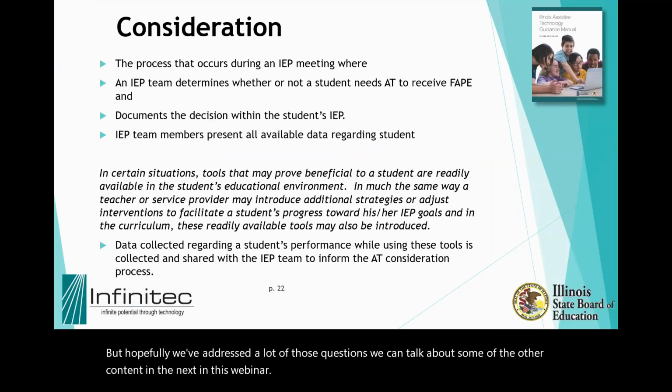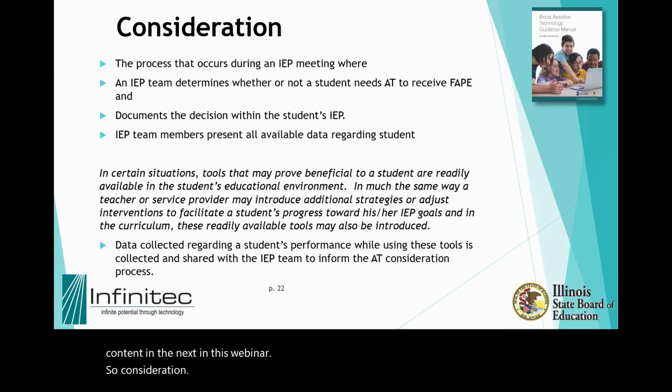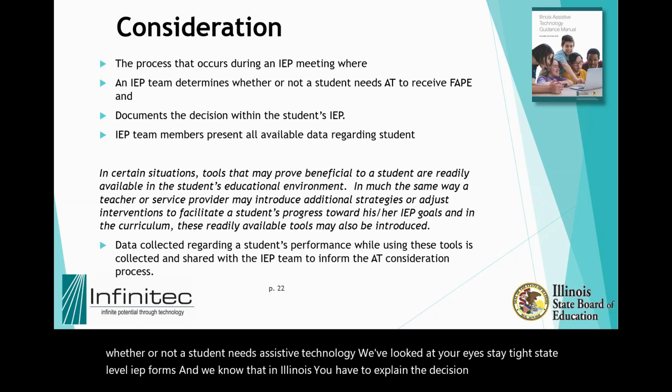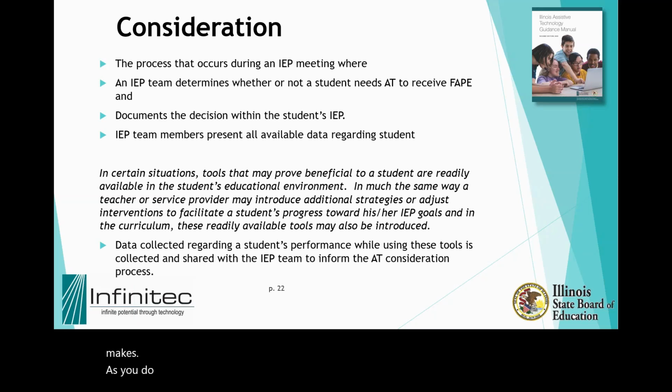So considerations: a relatively brief process that occurs during an IEP meeting where the team determines whether or not a student needs assistive technology. We've looked at your state level IEP forms, and we know that in Illinois you have to explain the decision that the team makes as you do that consideration.